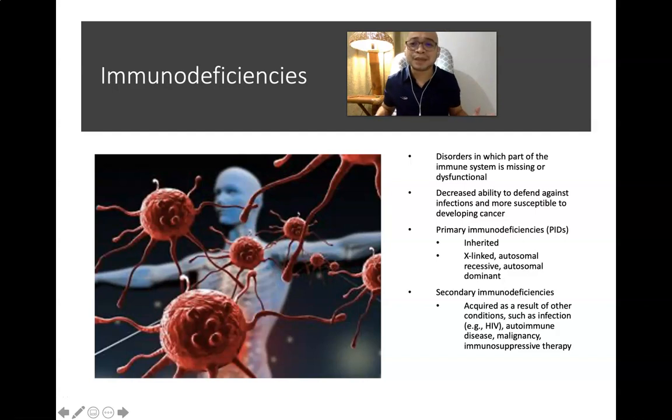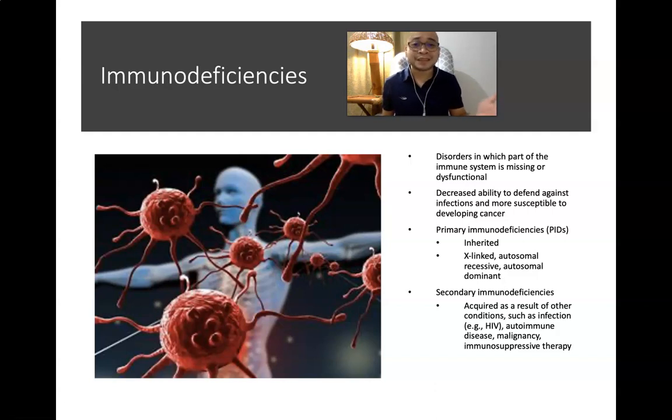Generally speaking, when we speak of immunodeficiencies, these are considered as disorders in which part of the immune system is either missing or dysfunctional. Having said that, if you are immunodeficient, it means that you will have a decreased ability to defend your body against infections.